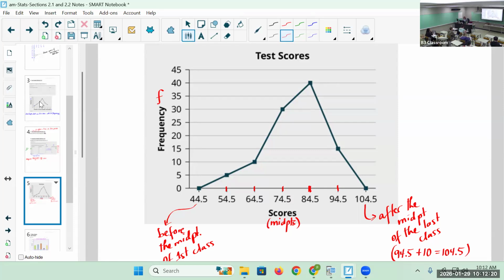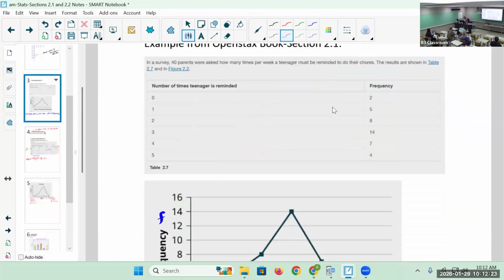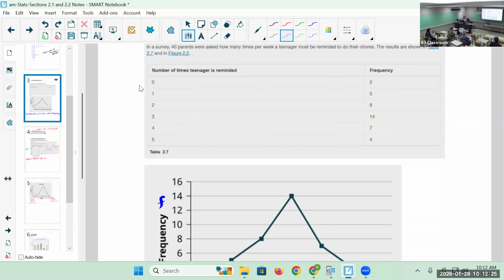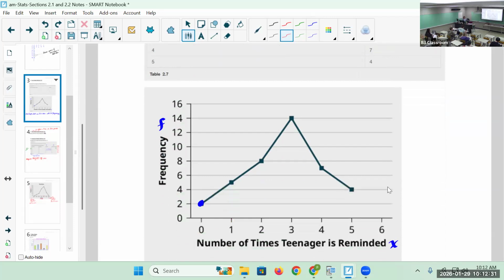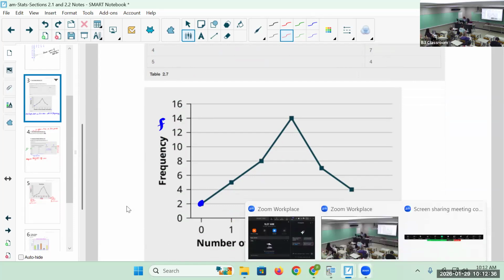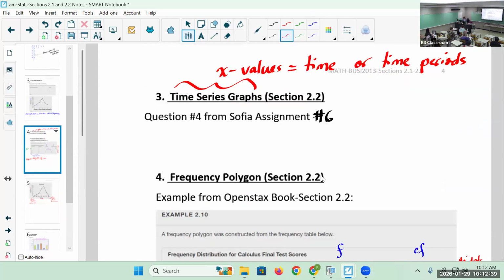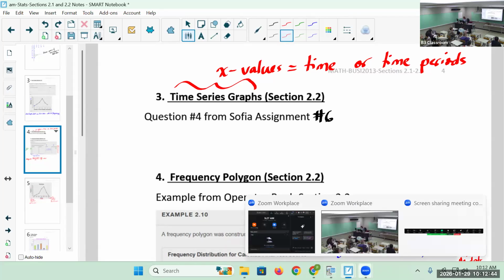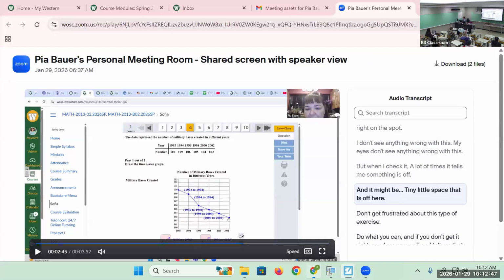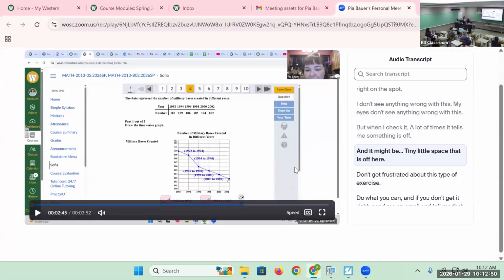So we have straight line graphs that start with whatever we designate X to be and the frequency. That's where the points are, and you join the lines. We have the one in the video, which is the time series graphs, where each tick mark on the x-axis represents a time, but the line segments represent a time interval.